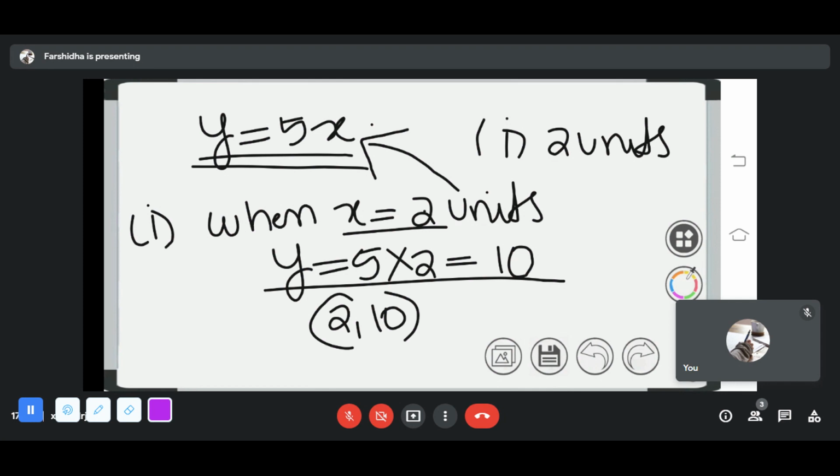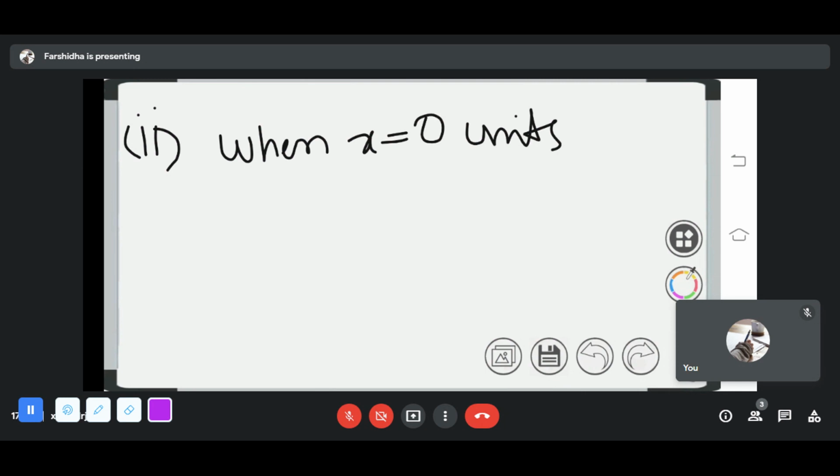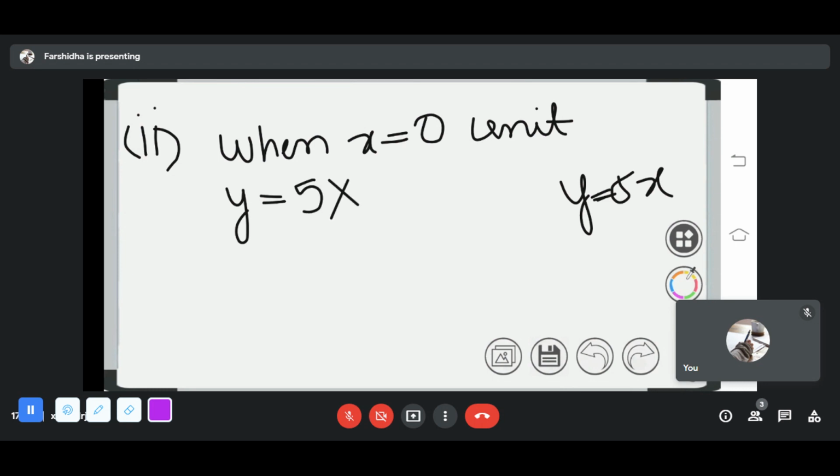Now coming to the second one. Second sub question is when x is equal to 0 units. See the question, 0 unit. When x is 0 unit, substitute in that equation, y is equal to 5x. y equals 5 into x is 0.